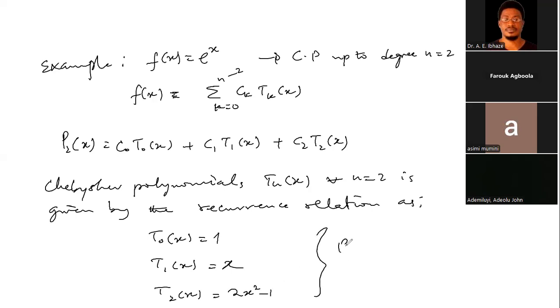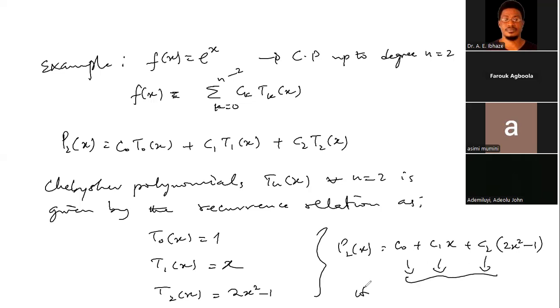And then this polynomial expression will reduce to something, say, C naught plus C1x plus C2 into bracket 2x squared minus 1. So the challenge now is figuring out the coefficients, right? So we need to estimate these coefficients.